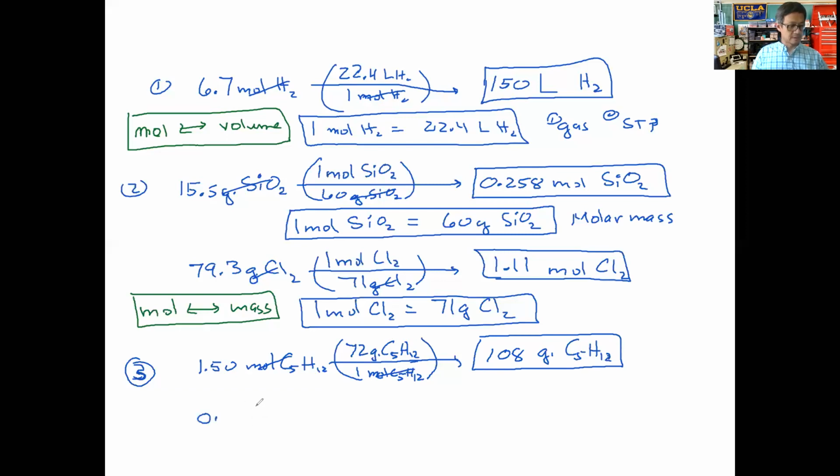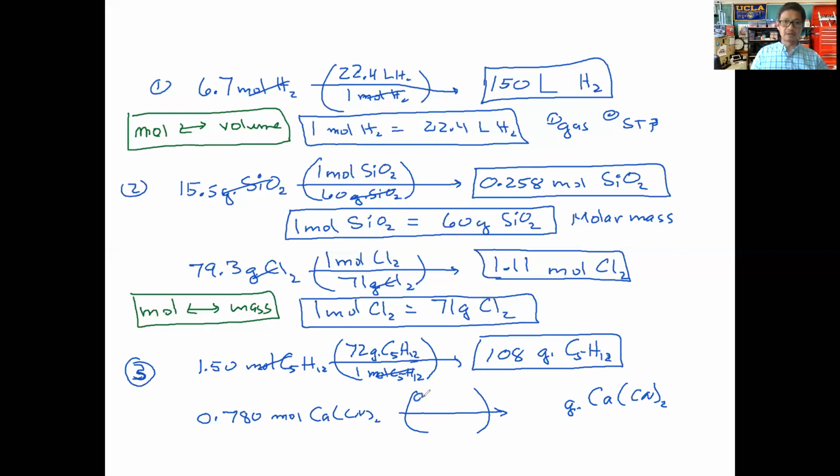We have 0.780 moles. So we start out with 0.780 moles of calcium cyanide, CaCN2. We're going to find the grams of CaCN2. Right, and so we need the molar mass, and we're going to multiply by the molar mass of calcium cyanide, which is going to be 92 grams.